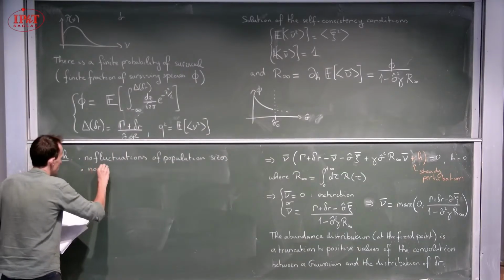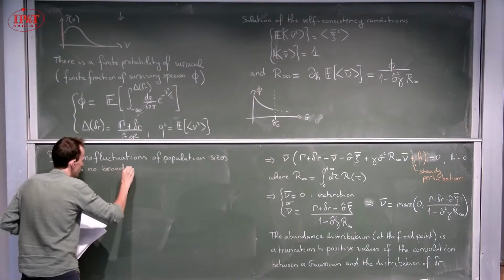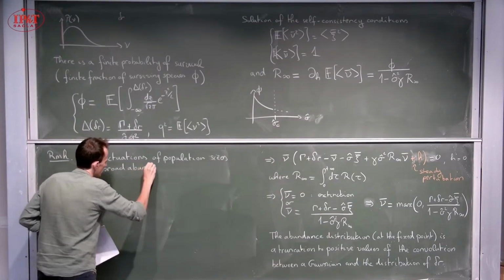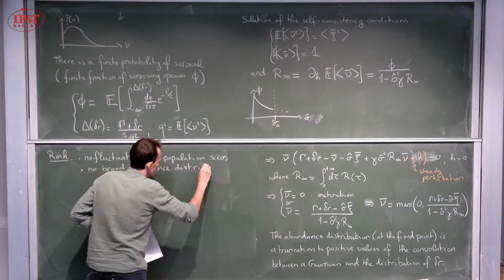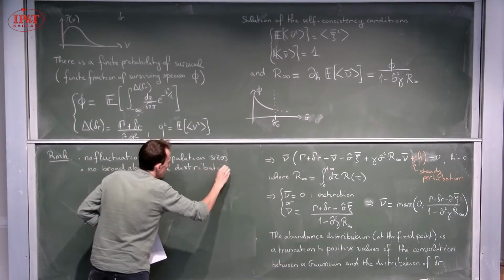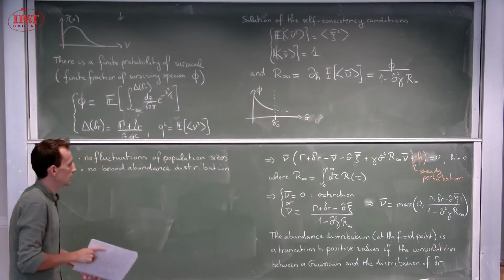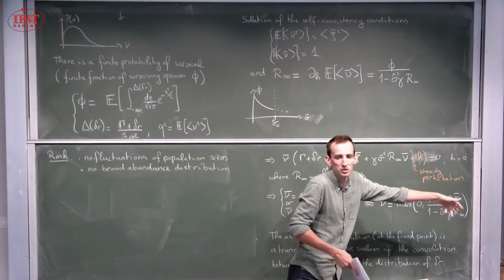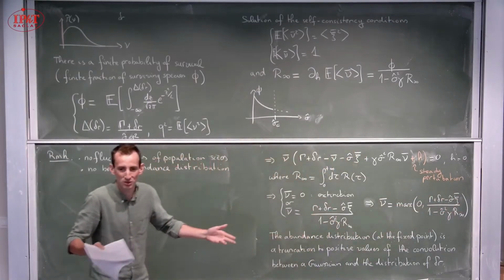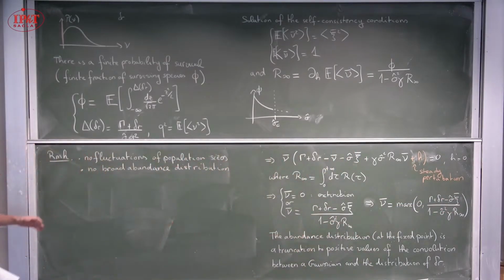And there is no broad abundance distribution, at least unless those delta R are themselves broadly distributed, but then you don't explain why you would have broad distributions. You would need delta R to be broadly distributed in the first place.